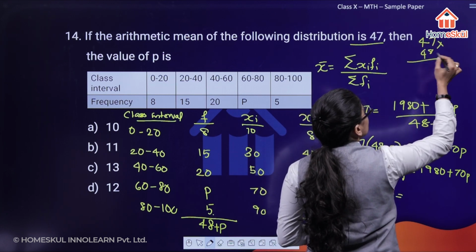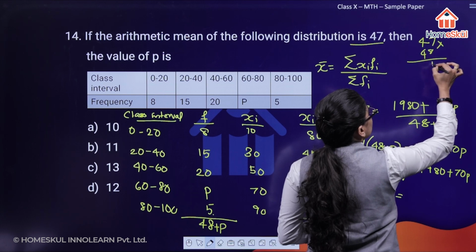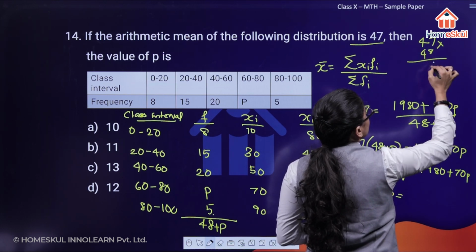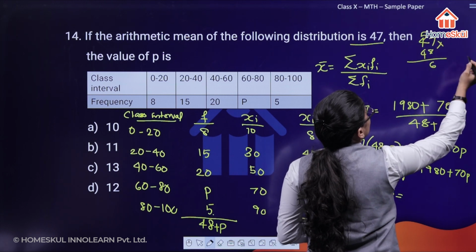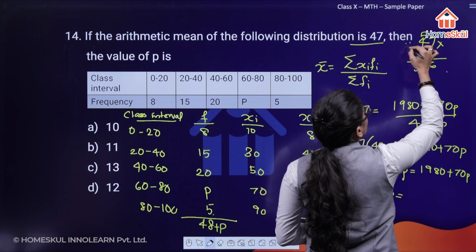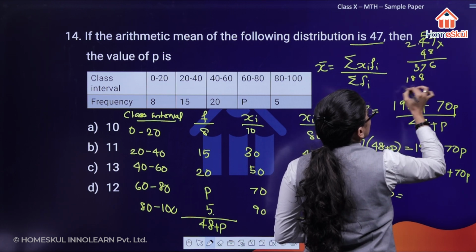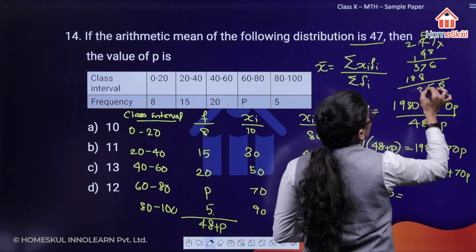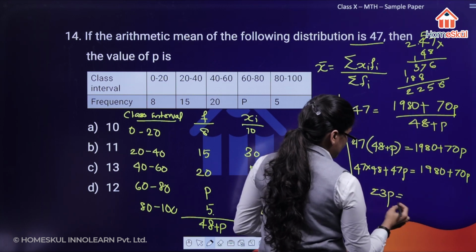47 into 48. 8 7s are 56... It is 2256, isn't it?